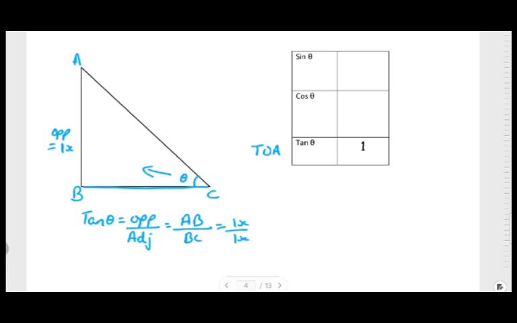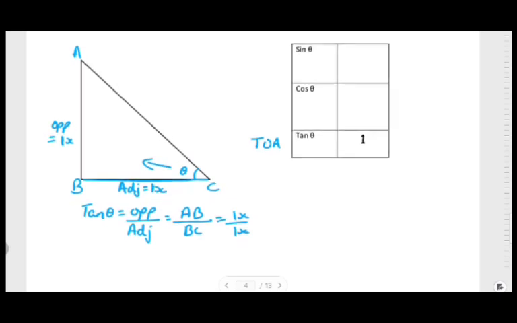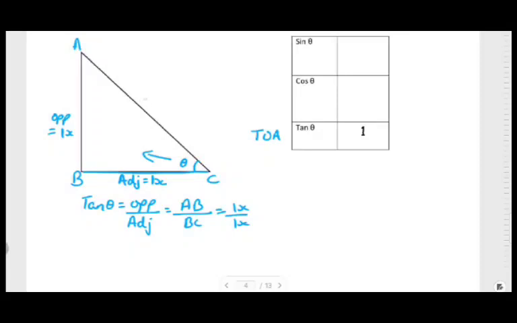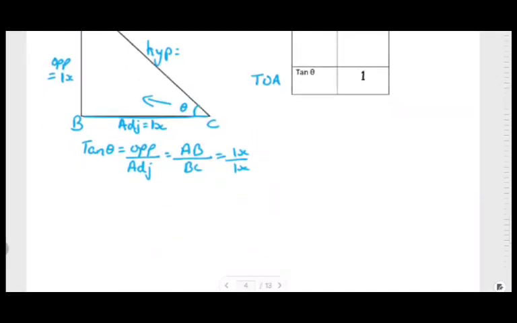It must be multiplied by some number. Okay, my adjacent is 1 again. So I need to find the hypotenuse out here, by Pythagoras theorem.